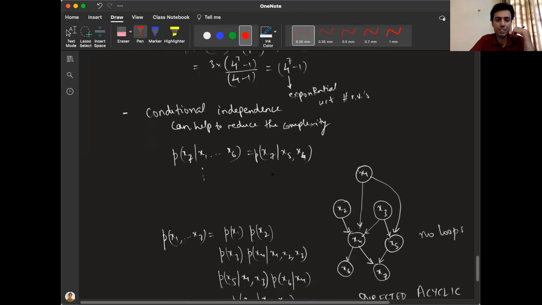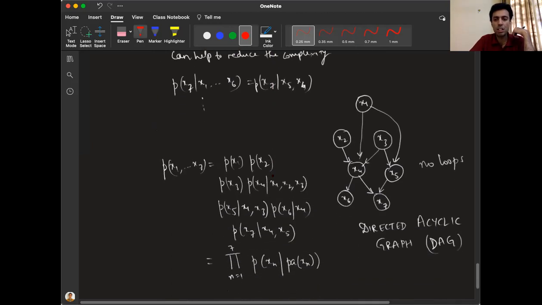And to represent conditional independence, I use a graphical representation, which is basically different nodes represent different scalar variables, and every node is dependent on some other nodes, which are called parent nodes, and this node is called the child node. So if x4 is my child node, its parent nodes are x2, x1, x3.